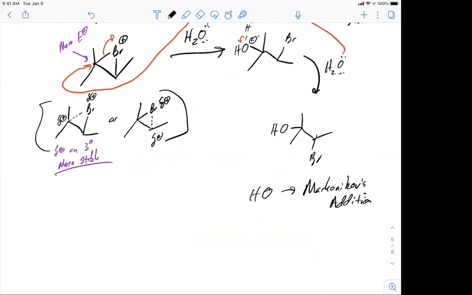Okay. So I've added the electrophile across, right? There's no full carbocation, but then the OH adds to the more substituted side. Okay, question about halohydrin?